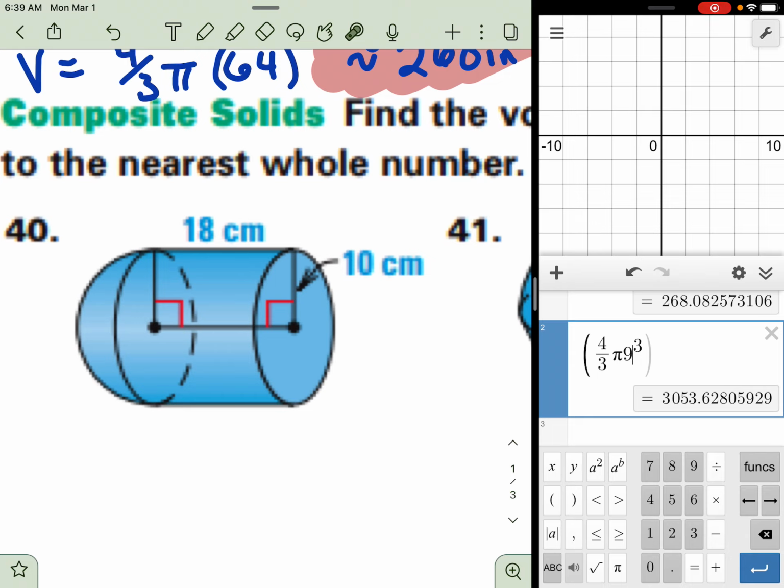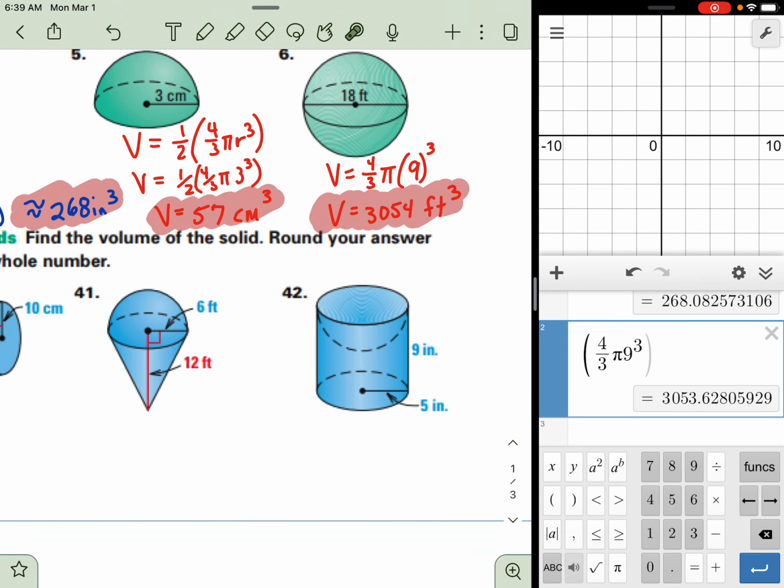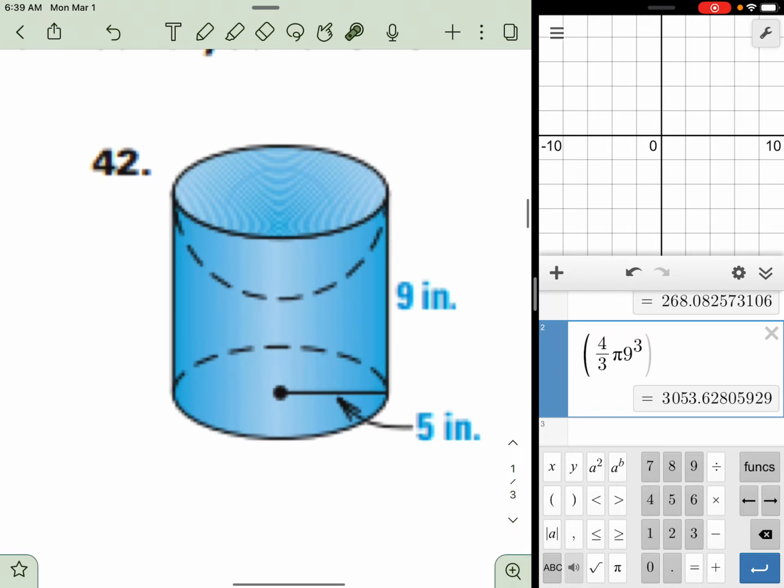In this case, for instance, you have a hemisphere and then you have a cylinder. In this one, you have another hemisphere and then you have a cone. And in this one, the whole thing's a cylinder, but this top portion is more like a cup, so it's missing that area that doesn't go straight down. So this is a hemisphere as well, right?